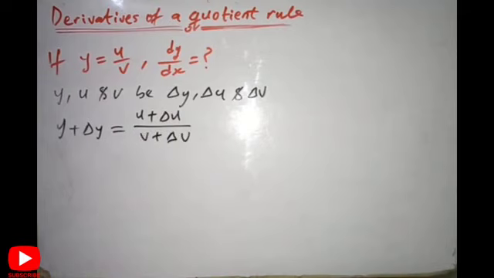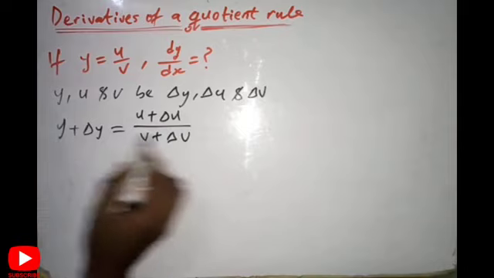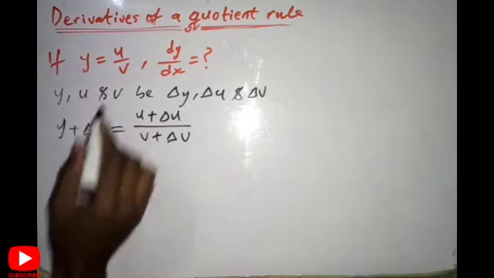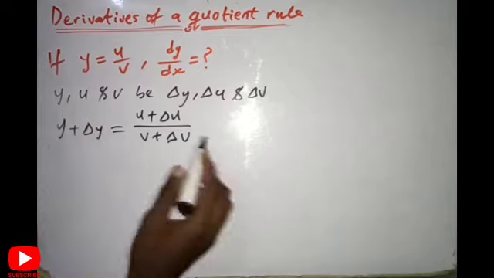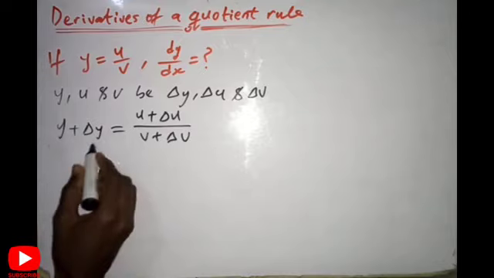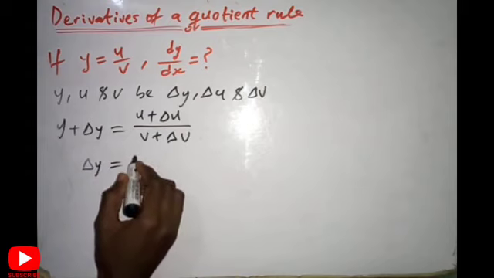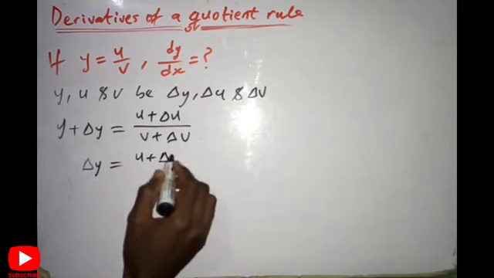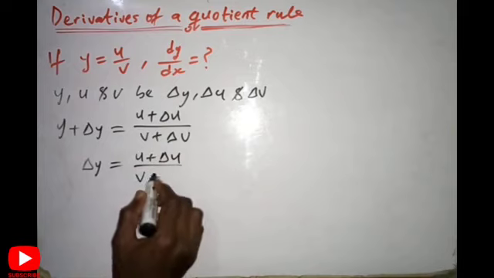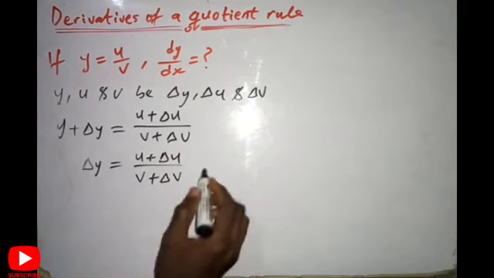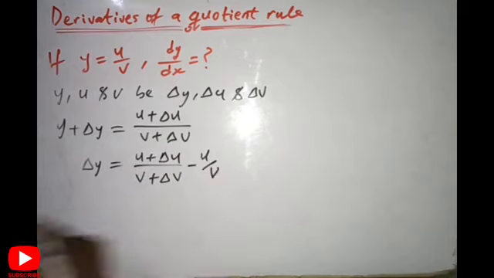Now let's collect the y to the right hand side, and remember that y is equal to u over v. Therefore we will have delta y equals u plus delta u over v plus delta v minus, instead of y, u over v.